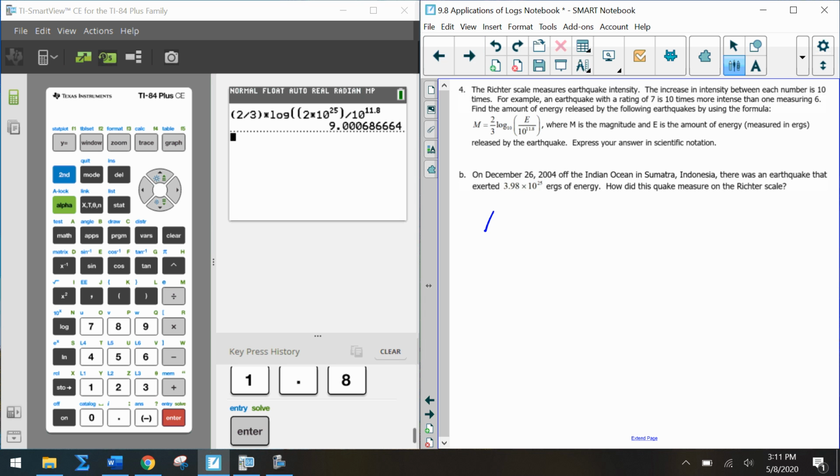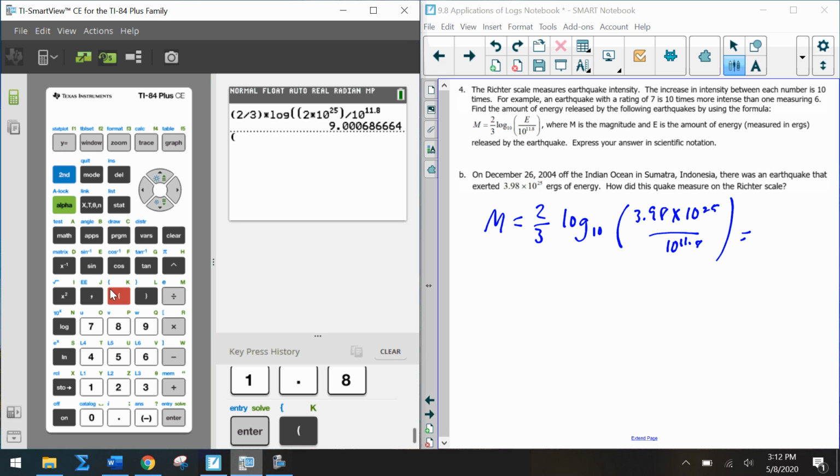So we're going to do the same thing: 2/3 log base 10 of 3.98 times 10 to the 25th over 10 to the 11.8. I'm going to plug that into our calculator. So here we go.